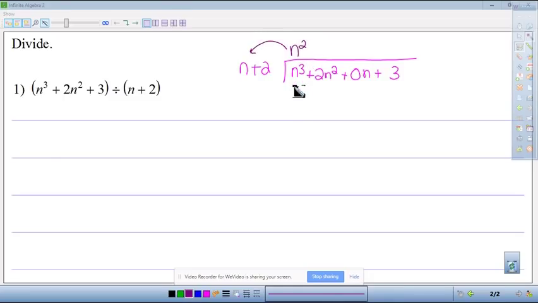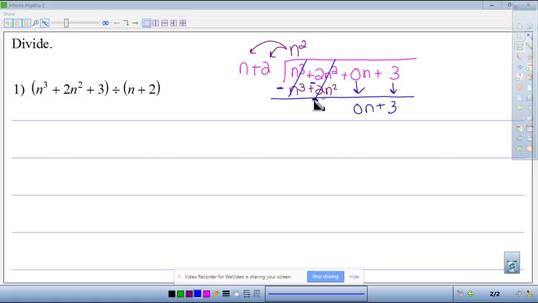So I distribute that and I get n cubed plus 2n squared. I am subtracting the polynomial, so I distribute that negative to both terms. And notice in this case, they both cancel.